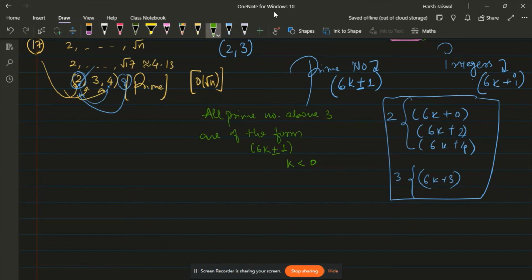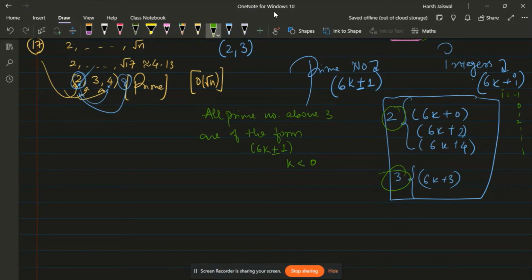Okay, and the i over here starts from minus 1, 0, 1, 2, and so on. So this is the property: all the prime numbers which are above 3 are of the form this. So a more efficient method is to test whether our number n is divisible by 2 or 3, because if it is divisible by 2, then all the even numbers are out of comparison, and similarly for 3.